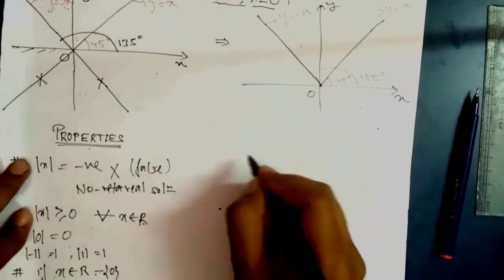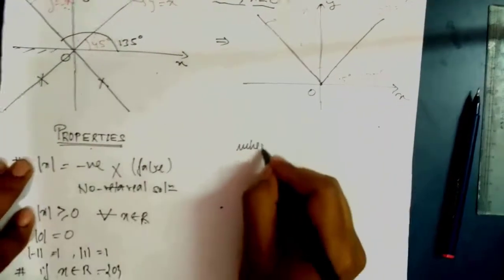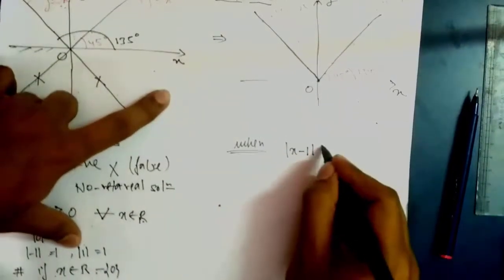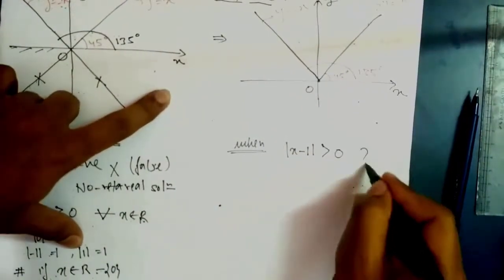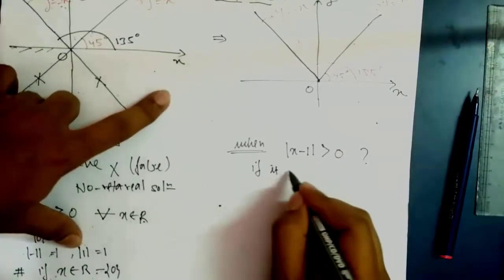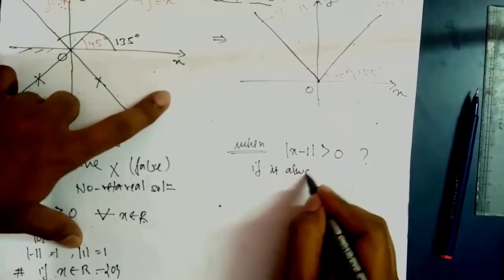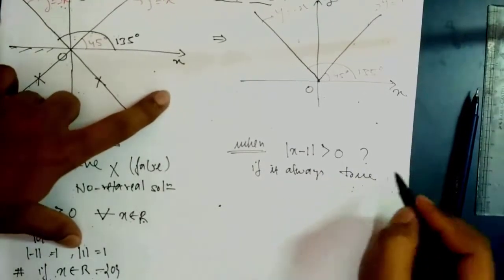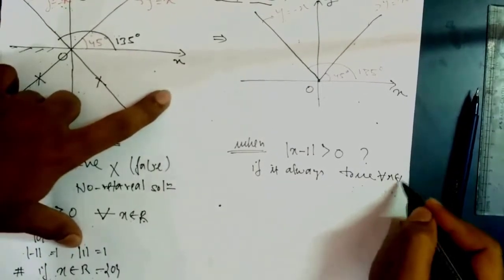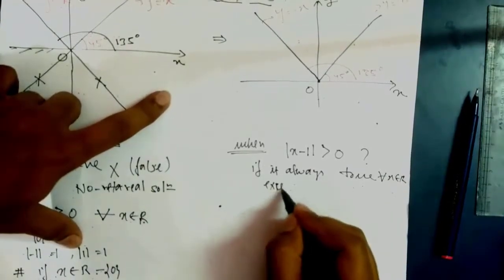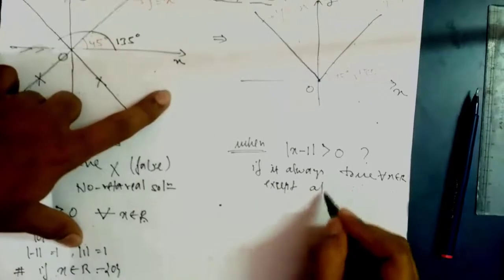So when mod of x minus 1 is greater than 0, what will be the value of x? It is always true for all x belongs to R, except at the point x is equal to 1.